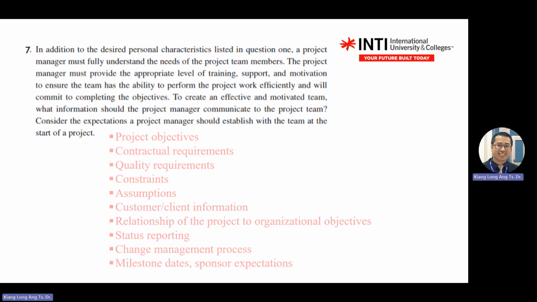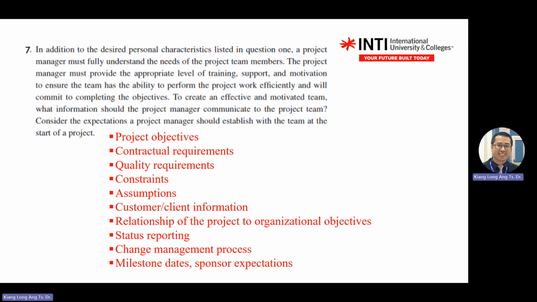Okay, so these are the things. Okay, so this one you just elaborate on, the parameters or expectations: objective, time, cost, budget, client expectation, the criteria for project success, basically.